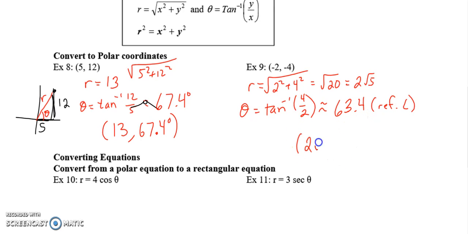So 2 square roots of 5, 243.4 degrees. Yes, you can make this to be 4.5, an approximation, because we're approximating the angle, so we're not exact either way.